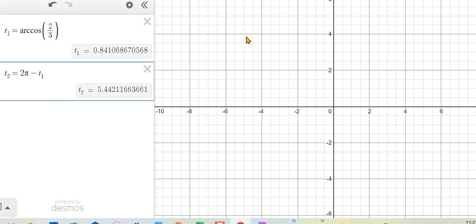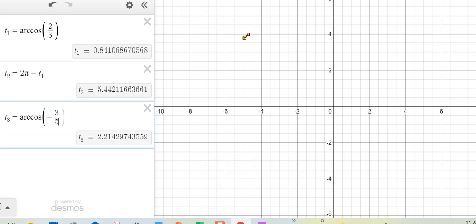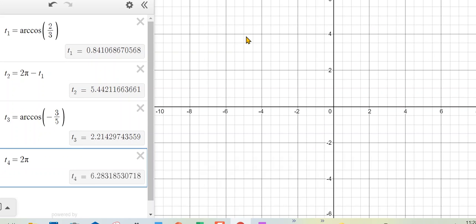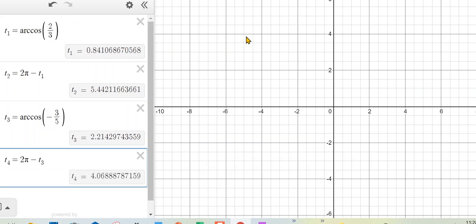And that gives me my T2. T sub 3 was equal to the arc cosine of a negative 3/5. And then T sub 4 is equal to 2 pi minus T3.